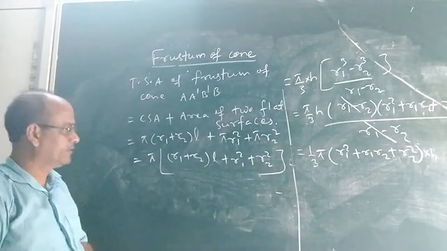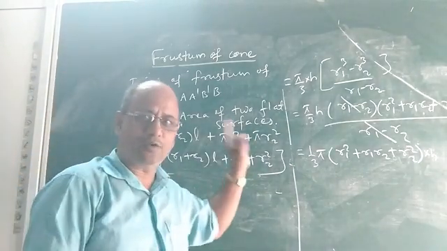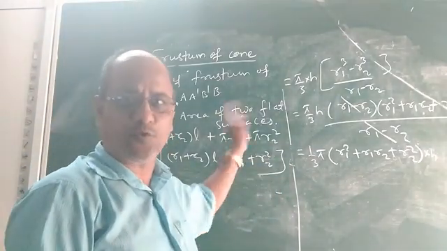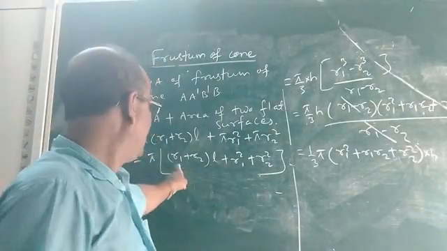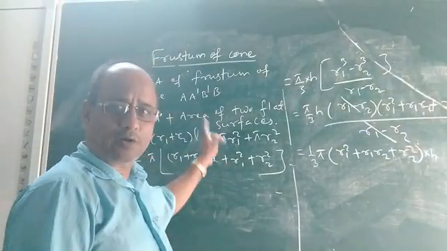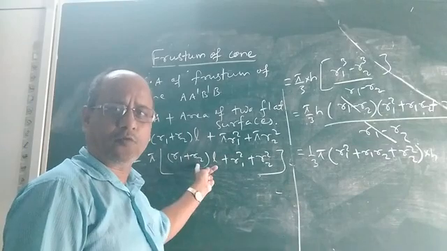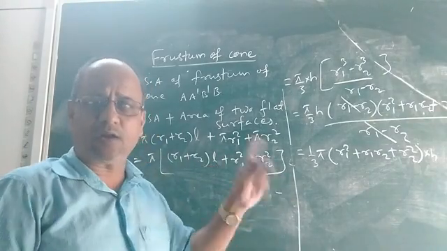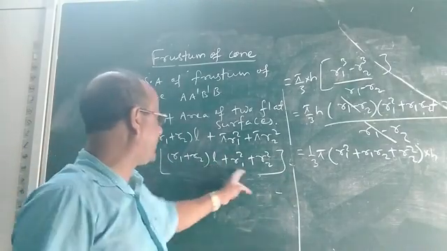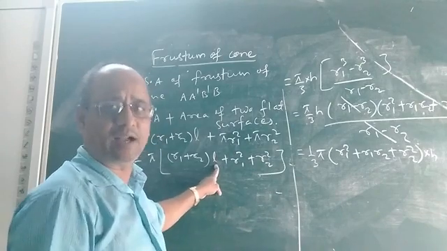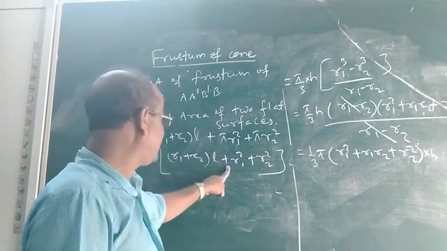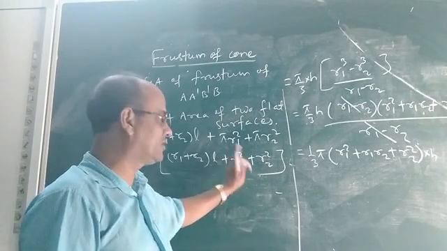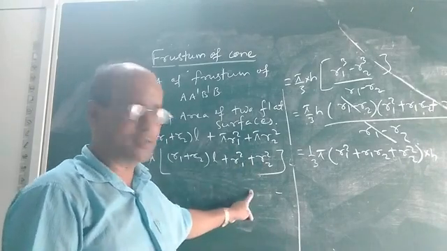So this will be the formula. Already we have discussed in the class. Of course, the proof was not done that day. So today we proved that the total surface area of a frustum of a cone of radii r1 and r2 and slant height l will be given by pi into r1 plus r2 into l plus r1 square plus r2 square. So this is the formula for total surface area.